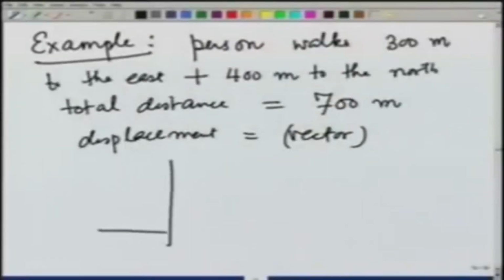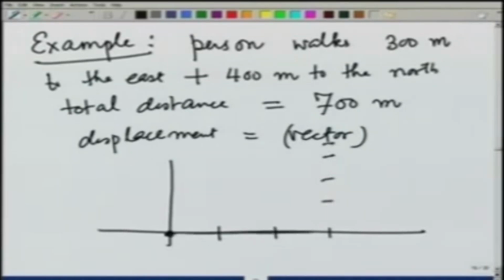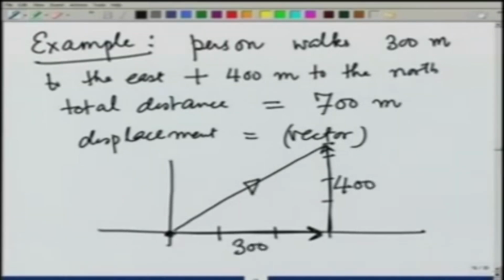So, suppose the person started from here, he moved 1, 2 and 300 meters to the east, and then 1, 2, 3, 400 meters to the north. So, this is his first displacement up to this point, and then second displacement from here to here, and therefore, the net displacement would be in this direction. This is 400, this is 300, and therefore, this would be 500.